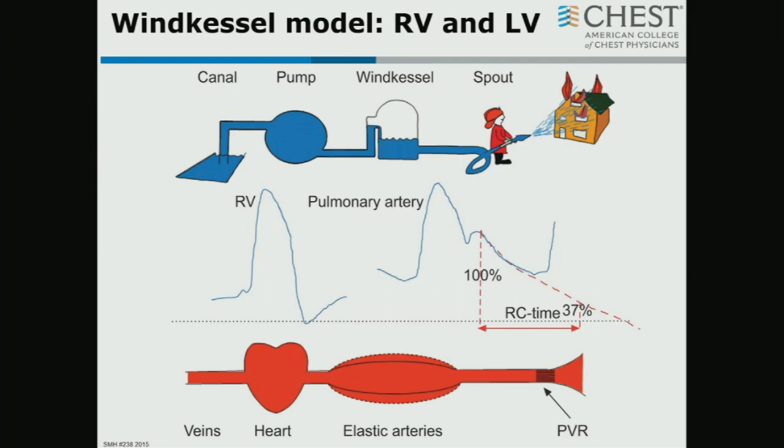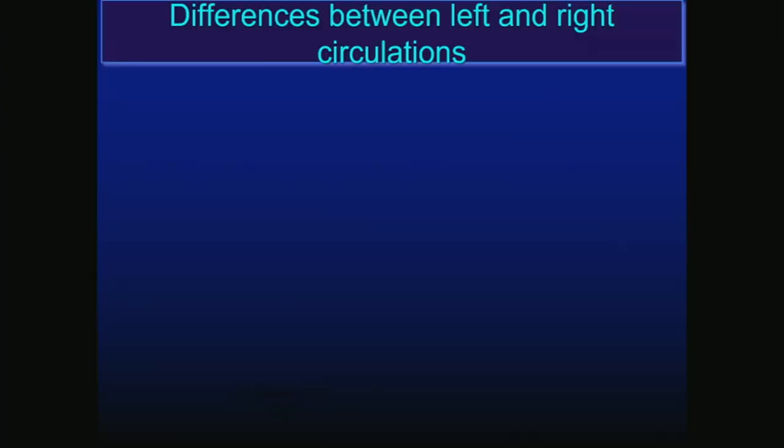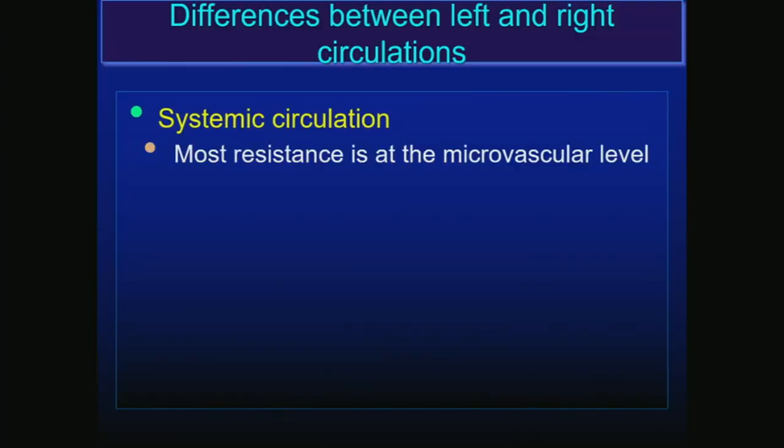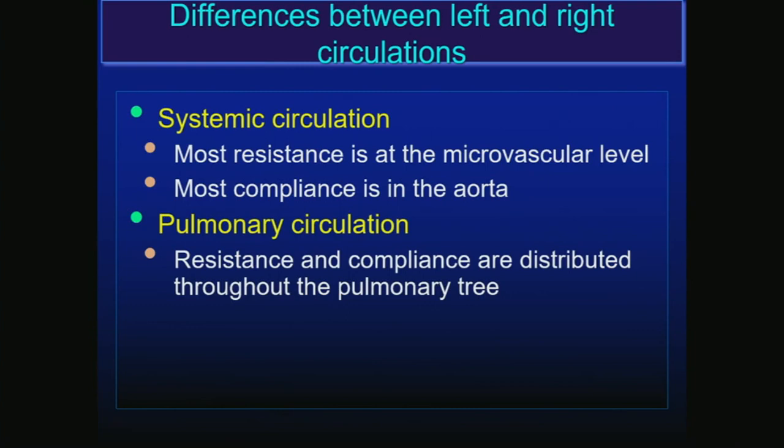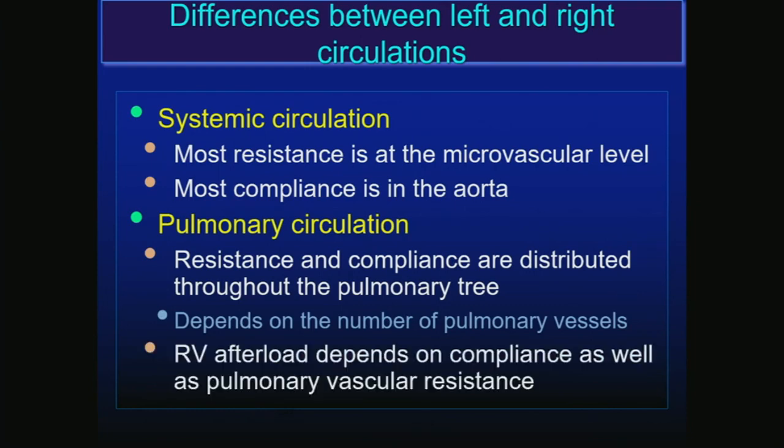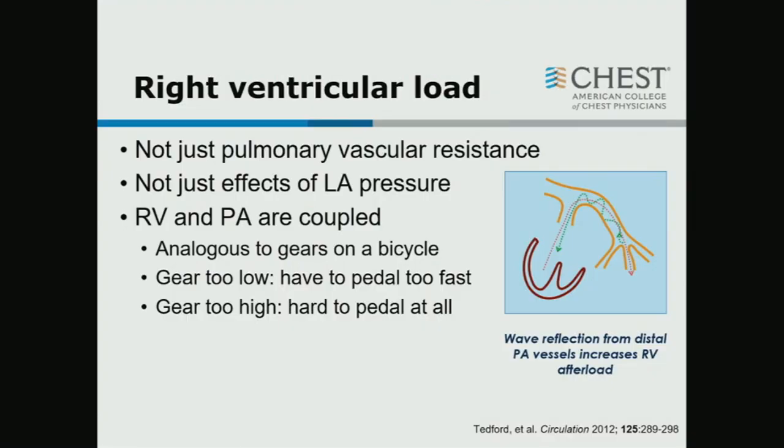And as we'll see, that can be important in therapy. So in the systemic circulation, most of the resistance is at the microvascular level, and most of the compliance is in the aorta. In the pulmonary circulation, as I said, they're distributed throughout the pulmonary tree. And that actually depends on the number of pulmonary vessels that are perfused. And so the right ventricular afterload depends on compliance as well as pulmonary vascular resistance in the small vessels.